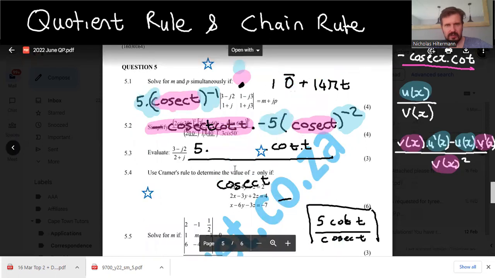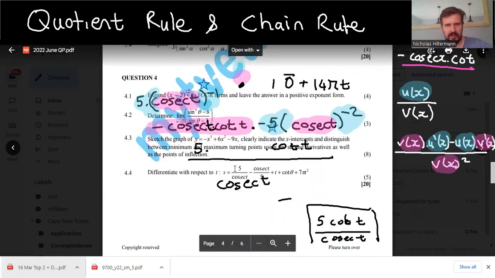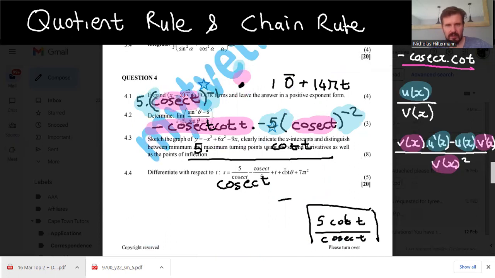So if you get cot, it's just minus cosec squared x. If this had been cot t, it would have been minus cosec squared t. But because it's a theta and not a t, it just goes away and becomes 0. So this was a trick question, because the cot makes it look like there's a t there, but it's not. The t is just part of the word cot.